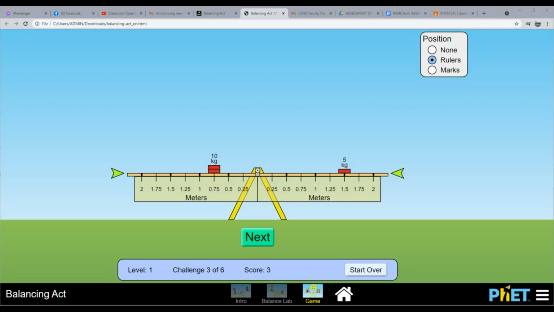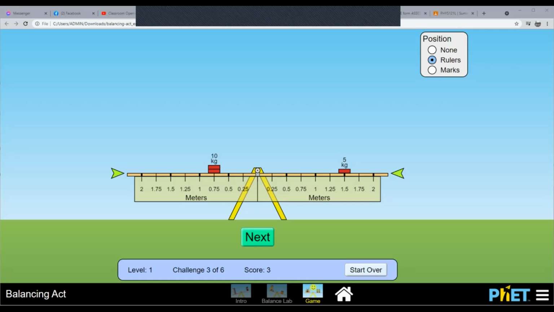Kapag bumibigat ang load, anong nangyayari sa balance condition? Pagka mas mabigat yung load natin, say, etong 10 kilogram na to, balance ito. Pero what would happen kung ginawa nating 15 kilogram itong 10 kilogram?